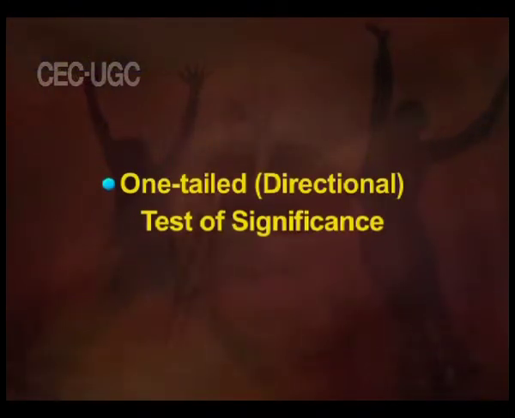We now consider the one-tailed or directional test of significance. The research question we had considered earlier can now be changed to, do boys score significantly higher than girls with respect to memory? The hypotheses would also change accordingly.